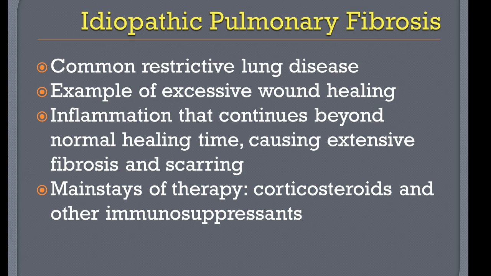Even some antibiotics, some cardiac meds like amiodarone. So that's pretty much what pulmonary fibrosis is. Many of these patients, as it becomes more progressive, usually need to be on some type of oxygen therapy.